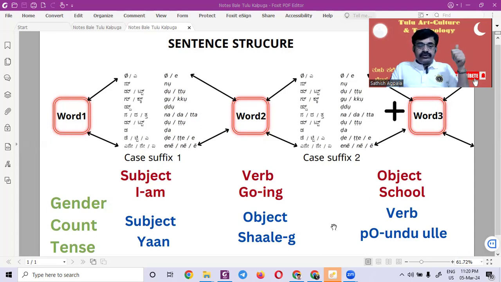Then you have to take care, while making a sentence, you have to think about the gender. Based on the gender also, the end of the sentence will change, like ಈಗ ಯಾನು ಶಾಲೆಗೆ ಹೋಗುವುದಿಲ್ಲ, me going school.